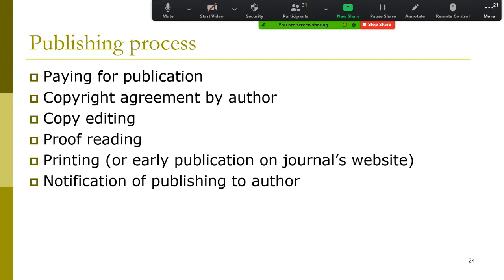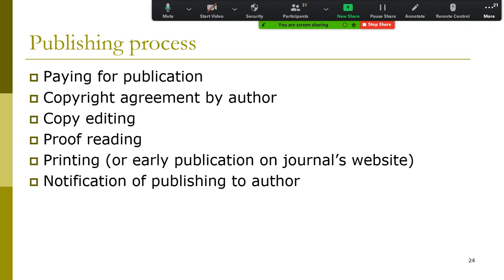Then they will format your article according to their format. It is called copy editing of your article. And sometimes some journals have a practice that they send the proof for reading by the author.